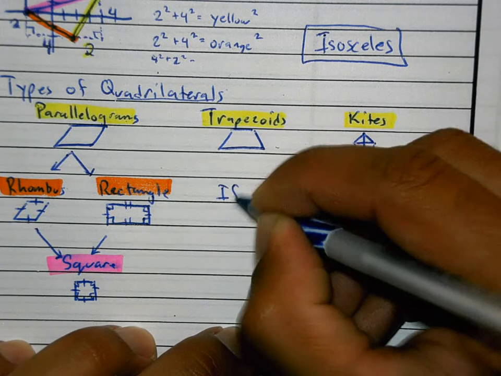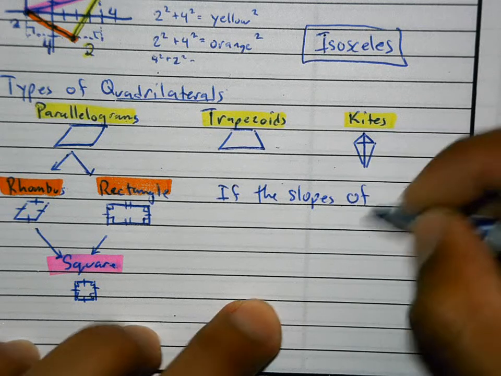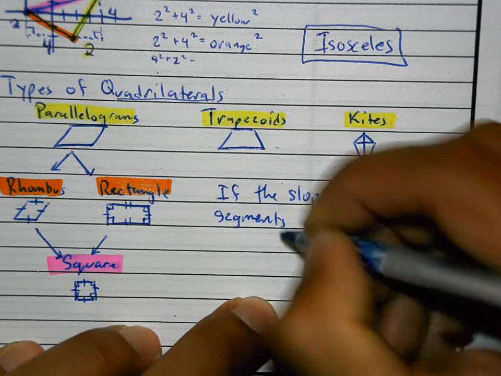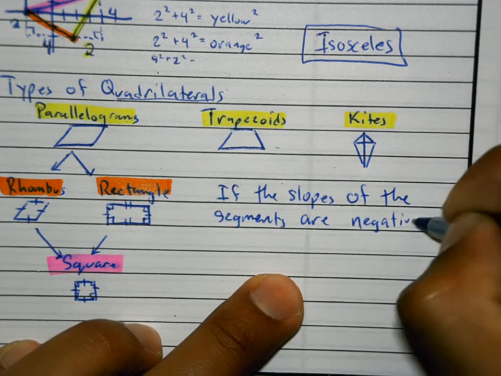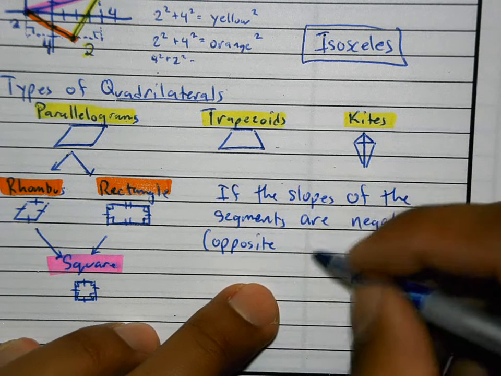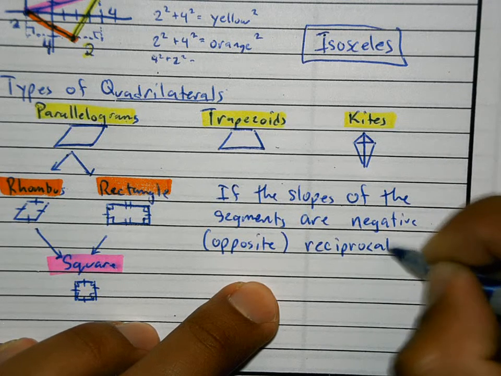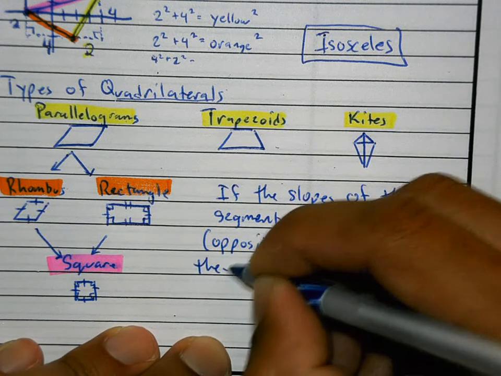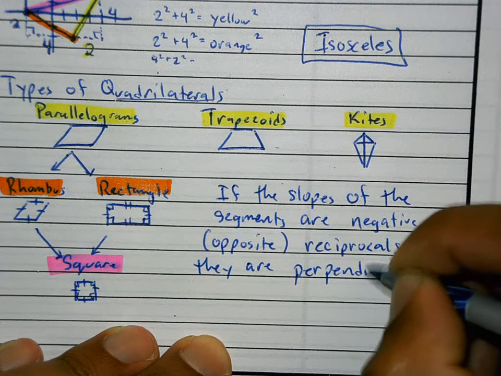If the slopes of the segments are negative, and I'm going to put in parentheses opposite reciprocals, then they are perpendicular.